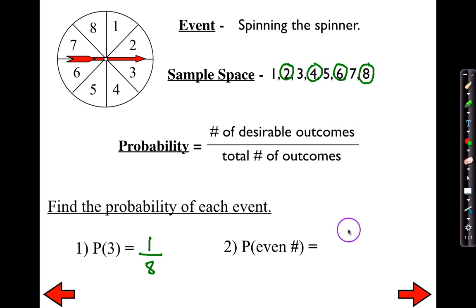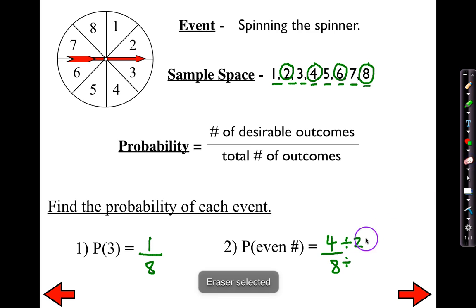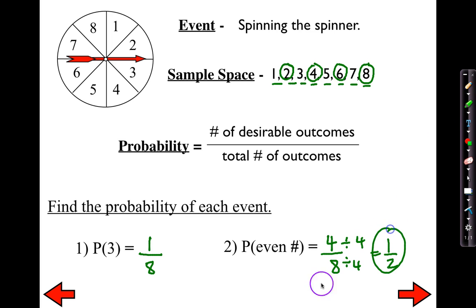So I'm going to write 4 out of a total of how many outcomes? Again, there was 1, 2, 3, 4, 5, 6, 7, 8. So it's going to be 4 out of 8. But we can reduce both by a 2. Oops, not a 2. We can reduce both by a 4. And you're going to end up with 1/2. So our probability of spinning an even number would be 1/2.